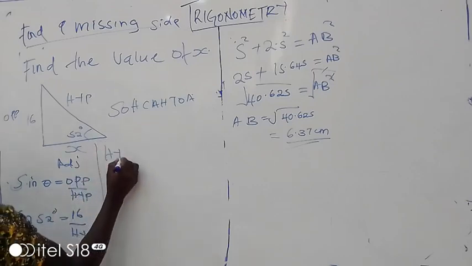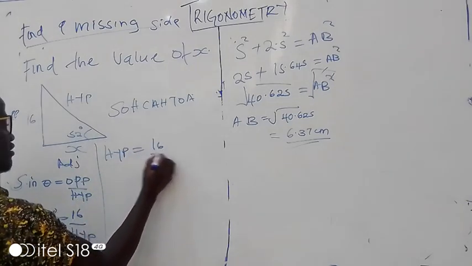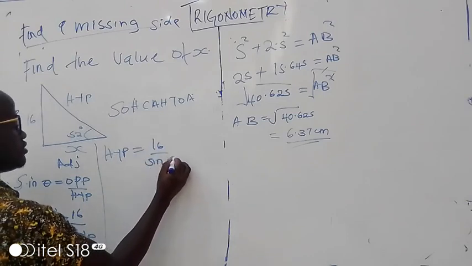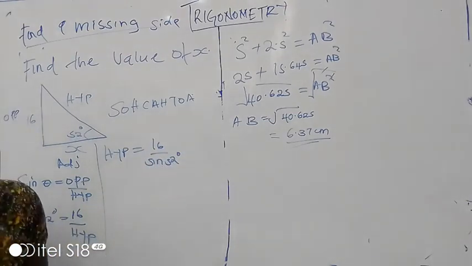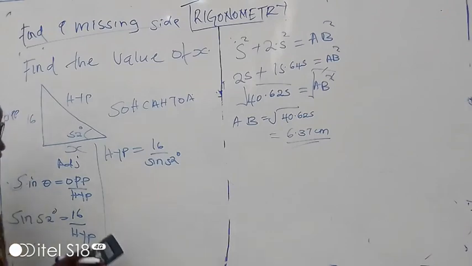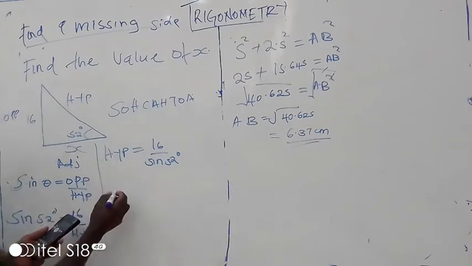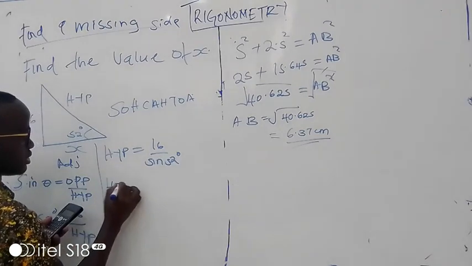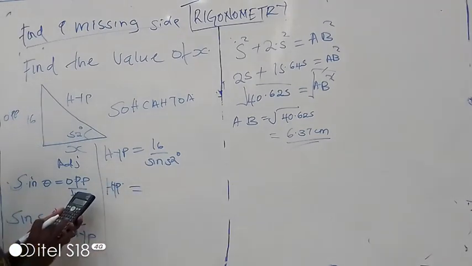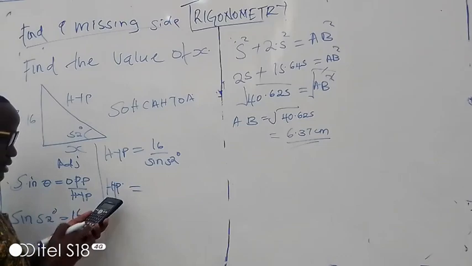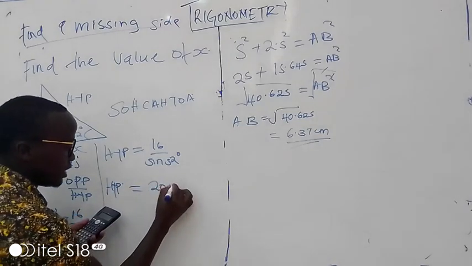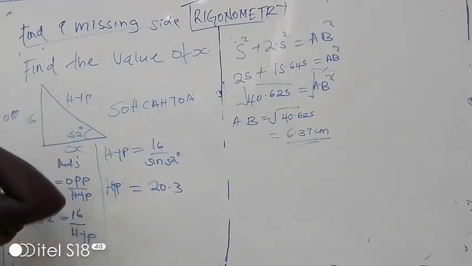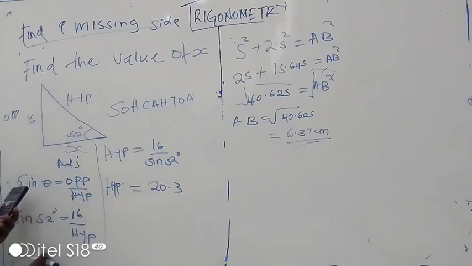Our hypotenuse will be 16 over sine 52 degrees. Taking sine 52 and dividing 16 by the answer, our hypotenuse is 20.3.